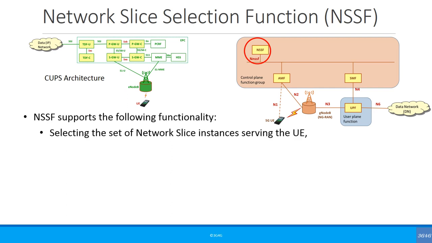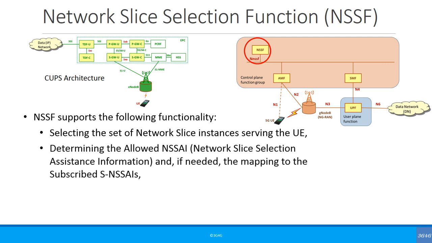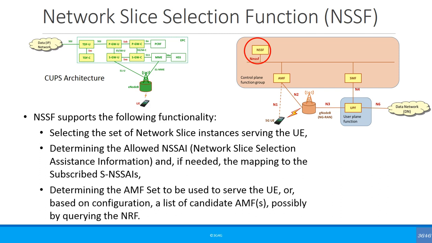Selecting the set of network slice instances serving the UE, determining the allowed NSSAI or network slice selection assistance information, and if needed, the mapping of subscribed NSSAIs, determining the AMF set to be used to serve the UE, or based on the configuration, a list of candidate AMFs, possibly by querying the NRF.